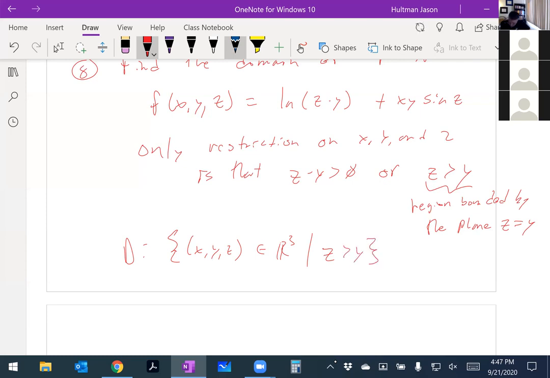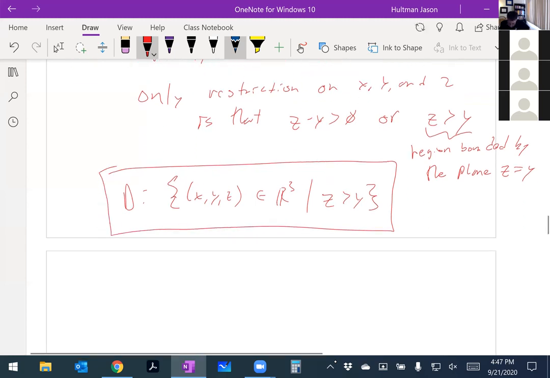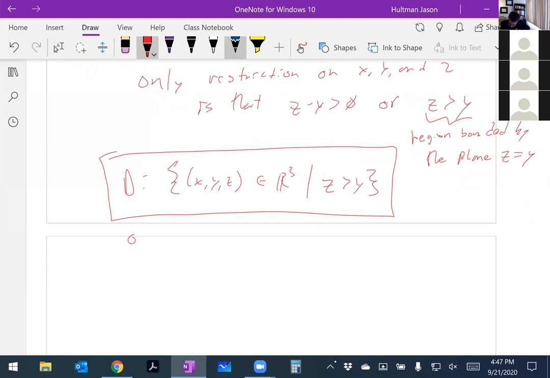Okay, so the domain is in R cubed. The original graph of f is in R4, but the domain is R3.